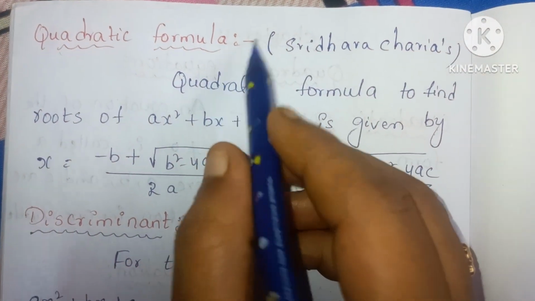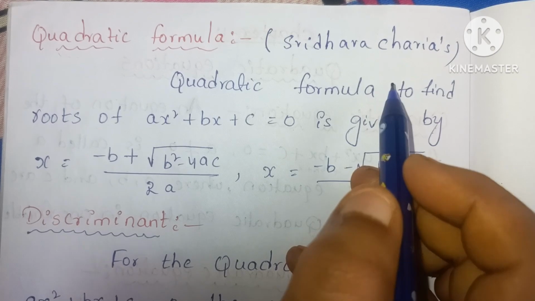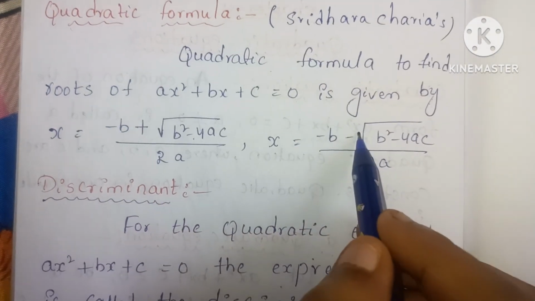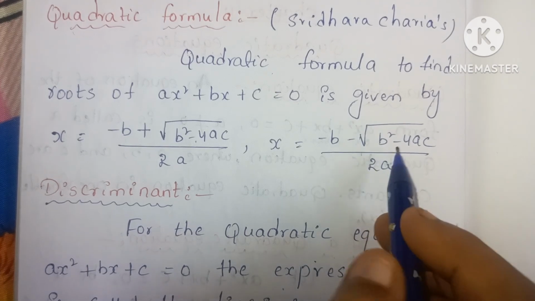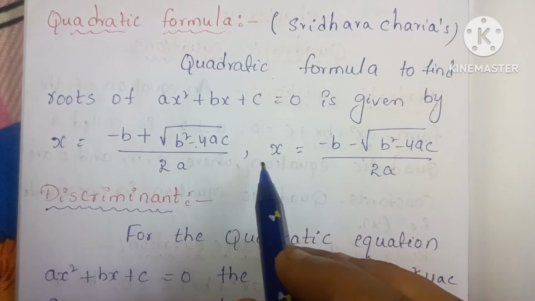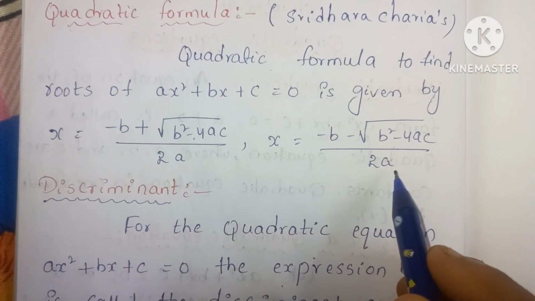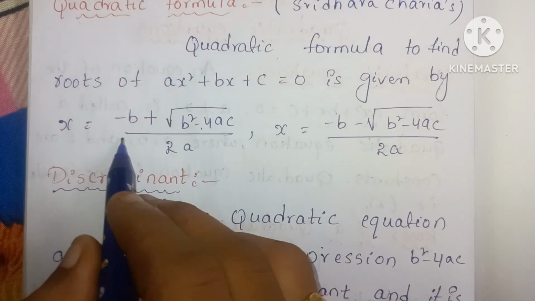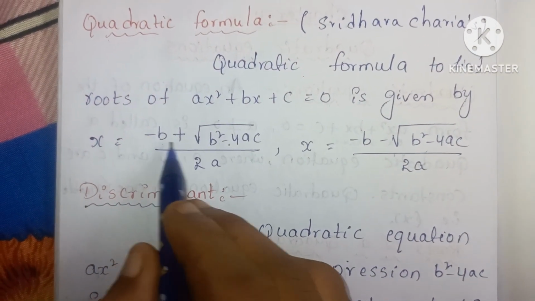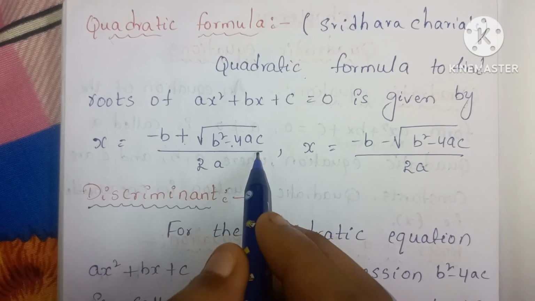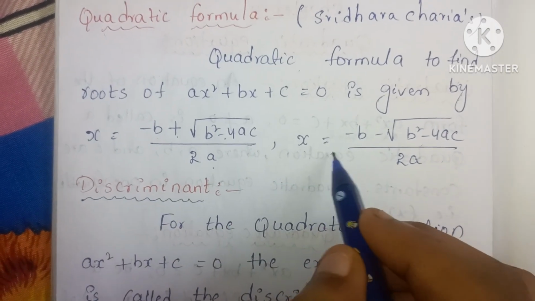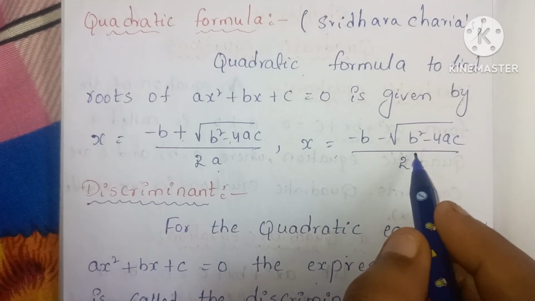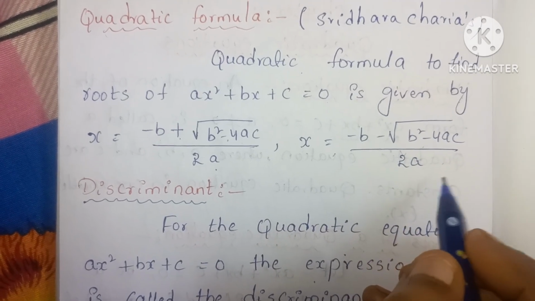It is also called the Sridharacharya formula. Now we can write this two ways: one with a positive sign and another with a negative sign. So this has two roots: x equals minus b plus root of b square minus 4ac by 2a, and x equals minus b minus root of b square minus 4ac by 2a.